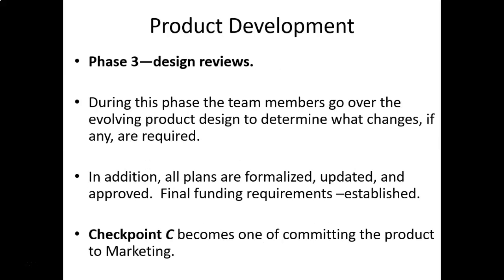Okay. During this phase, the team members go over the evolving product design to determine what changes, if any, are required. Okay. So in addition, all plans are formalized, updated, and approved. So the last one is the final funding requirement if the product is established. Okay, so this step is achieved at checkpoint C, which becomes one of committing the product to marketing.